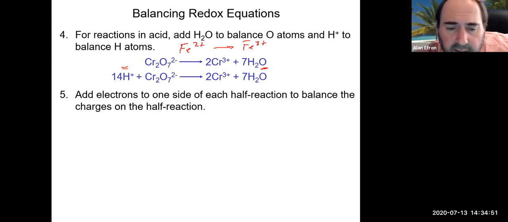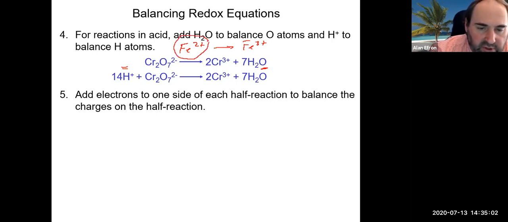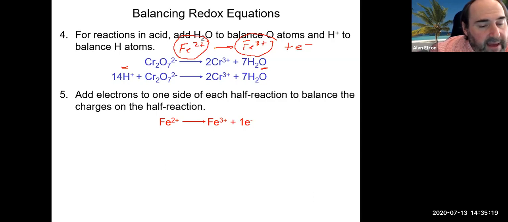So when we look at iron 2 going to iron 3, the overall charge on the left-hand side is +2 and the overall charge on the right-hand side is +3. So we need to add an electron to the right-hand side to balance out the overall charge. This now gives us an overall charge of +2 on the right and +2 on the left. It is balanced in terms of the charge.